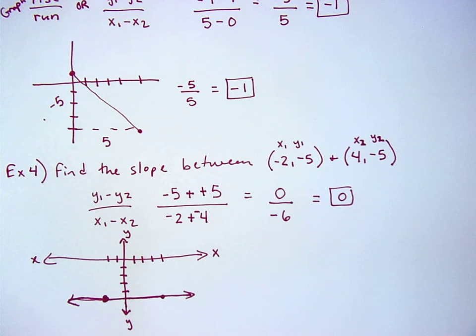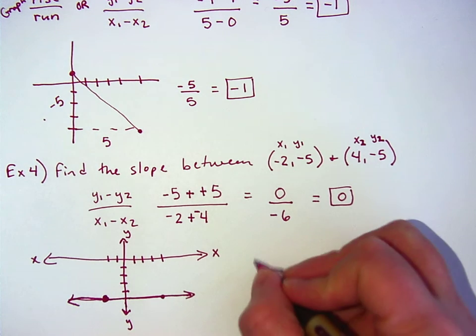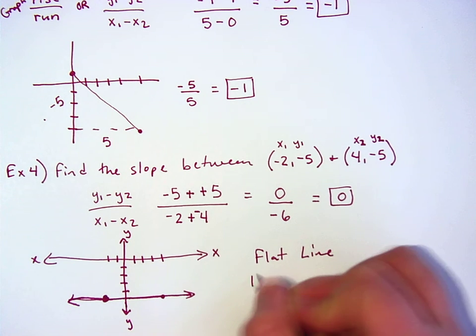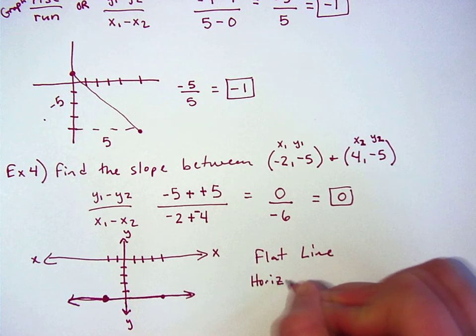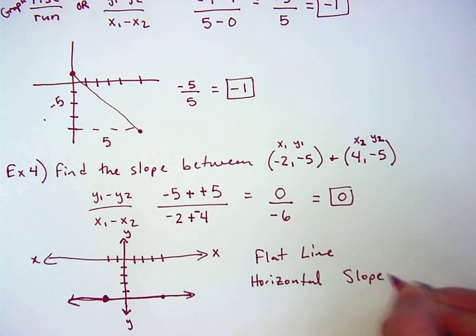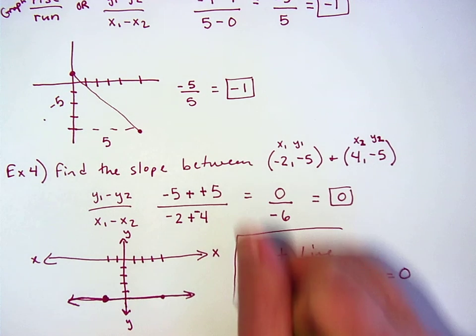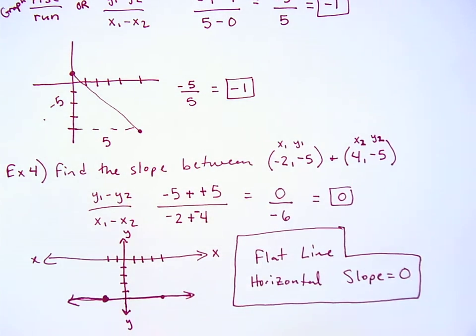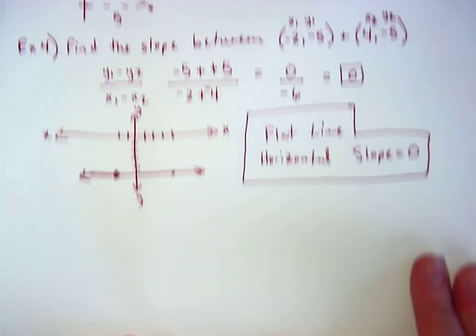All right, do you guys see that it's just a flat line? Yup. So flat line, in fact, I'm going to write horizontal right next to it. A flat line has a slope of 0. Every time you have a flat line, it has a slope of 0, and that's the thing I definitely want in your notes.